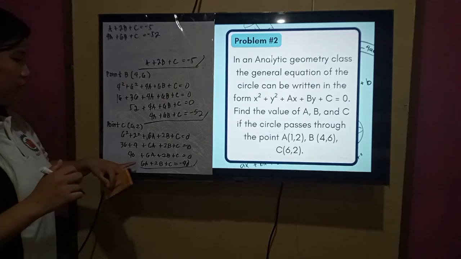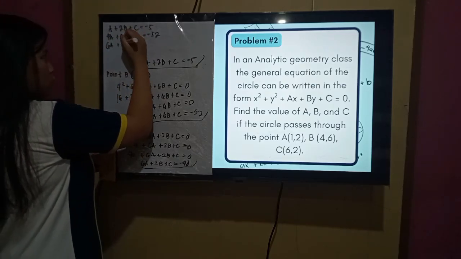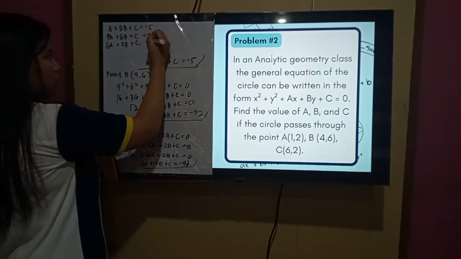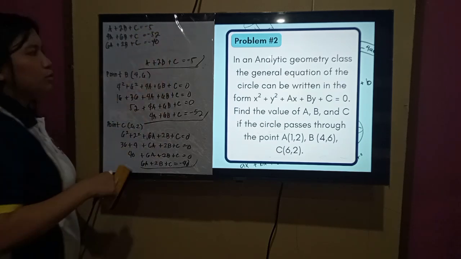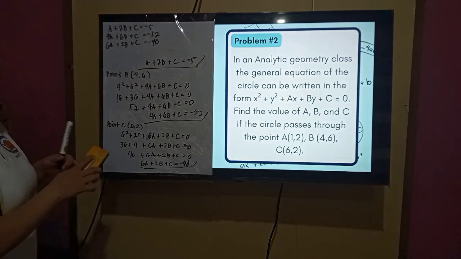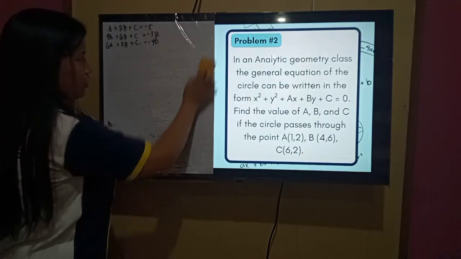And then yung last one naman natin is yung 6a plus 2b plus c is equals to negative 40. So, yan na yung ating tatlong equation na gagamitin sa pag-solve ng system of linear equation.